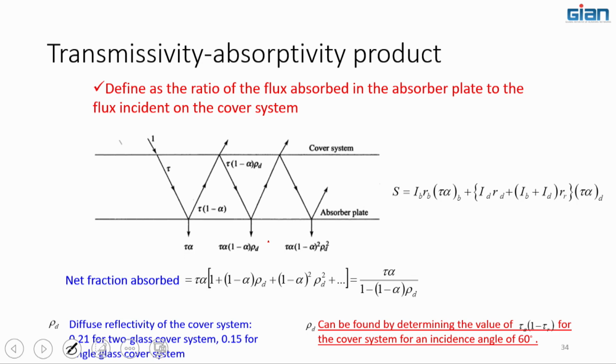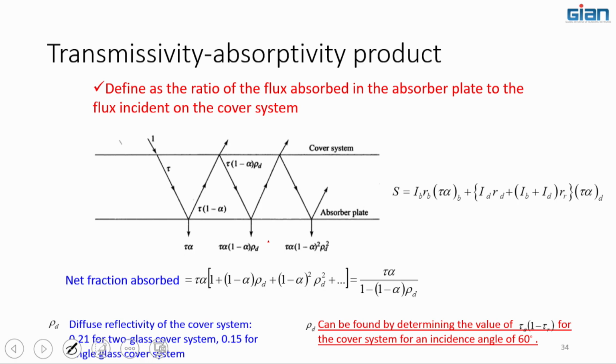If you do not have the instruments, of course we have to use some kind of correlations. And for the RB, these are mathematical expressions, we can use those expressions and find out those values. So that means we can now calculate what S is.